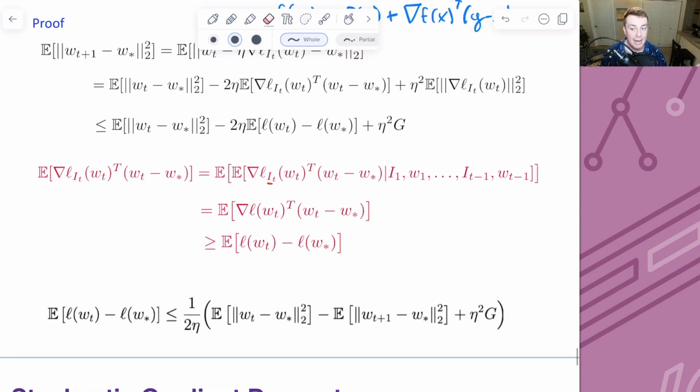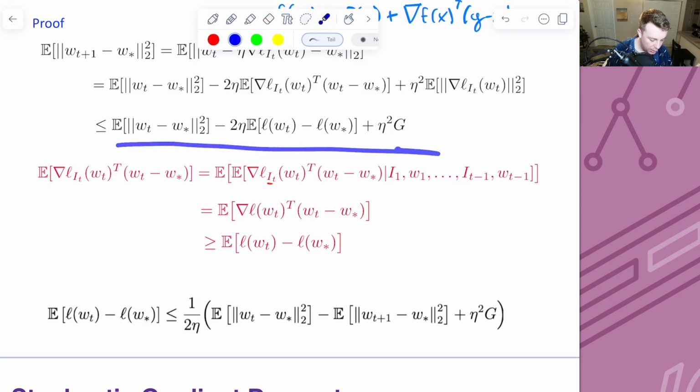Okay, so with all of that together, now I have an overall formula for my expected loss at time t. How do I do that? I'm just taking these terms over here and our left-hand side of the equation and rearranging terms. So I'm moving over this expected loss in the middle, and then moving everything else to the right.